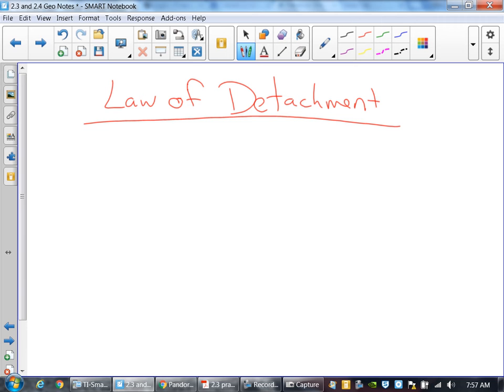Law of detachment is extremely choppy. Syllogism seems to be very smooth: A equals B, B equals C, A equals C, it just flows itself through, it's repeated through. Law of detachment is not like that. Law of detachment is like this.